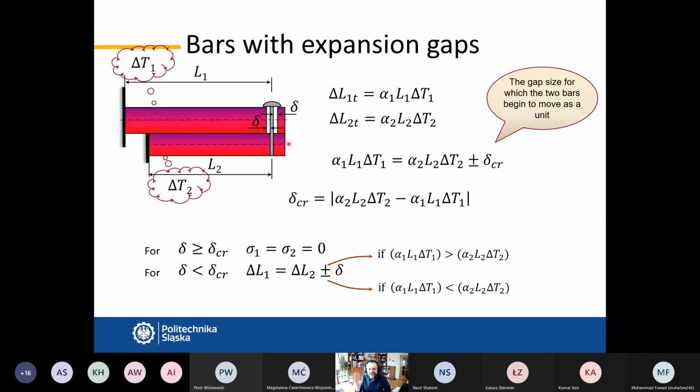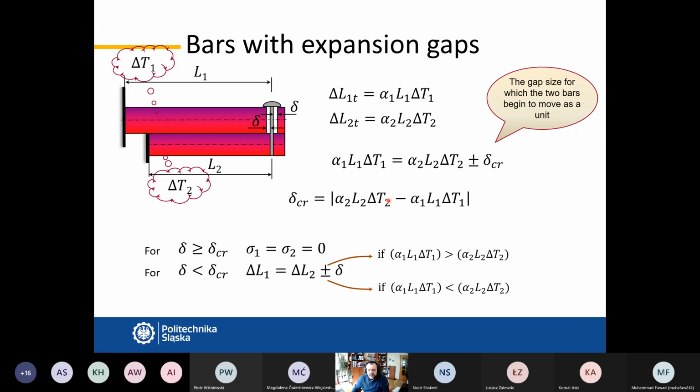So they are really not in contact. We can determine here a gap size, the critical gap size, which is exactly the gap size when the materials come in contact.